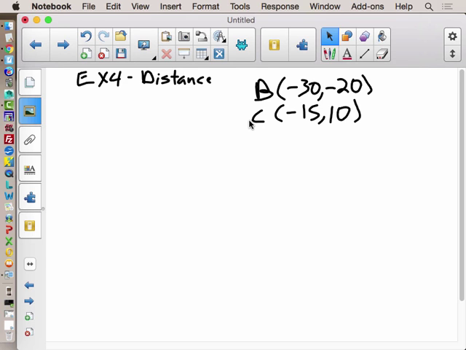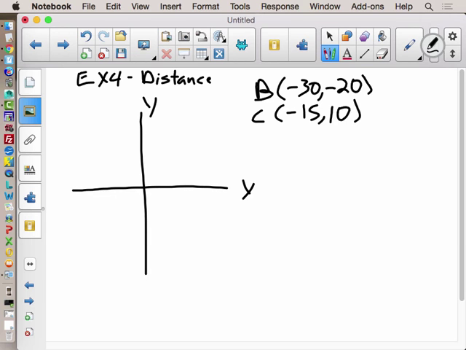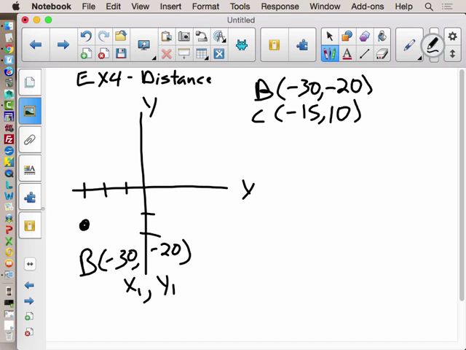Well, we don't really need the picture, but it wouldn't be a bad idea to kind of sketch this out in the XY plane. So for B, I'm going to go over negative, and we'll count by tens, -30, and I'm going to go down -20. So this is B, -30, comma, -20. We'll call that x1, comma, y1.